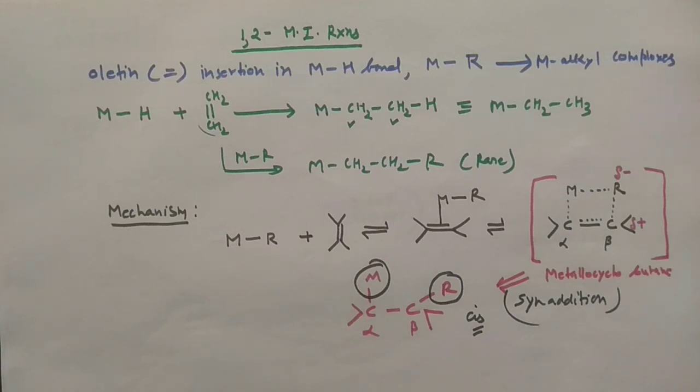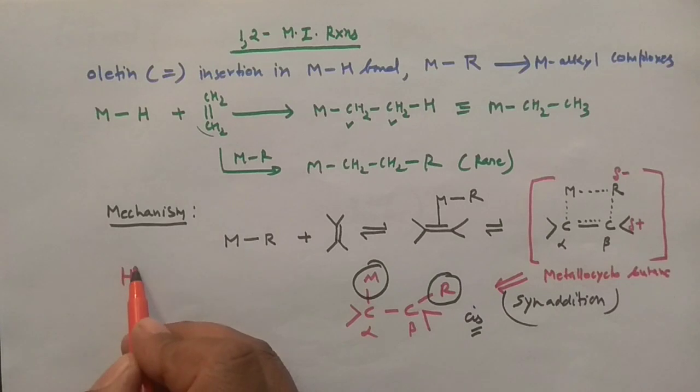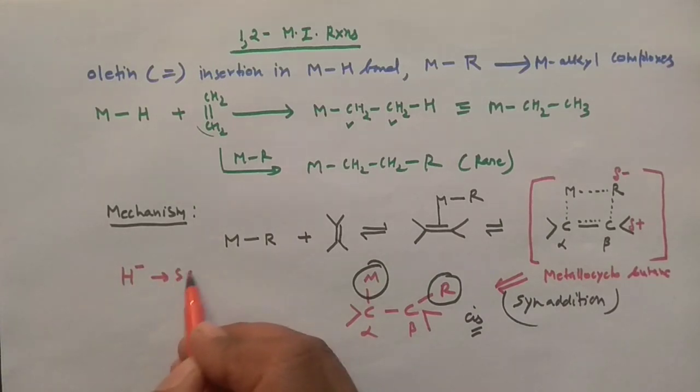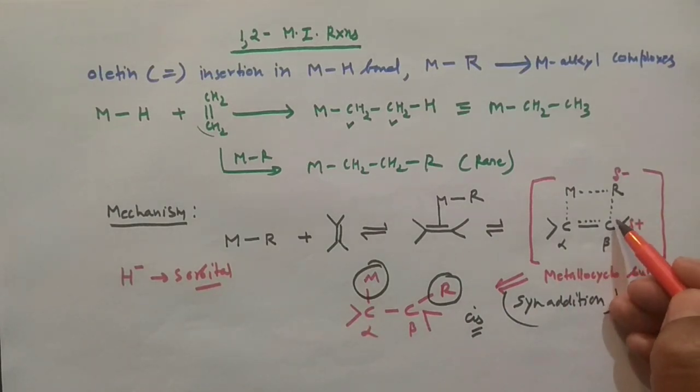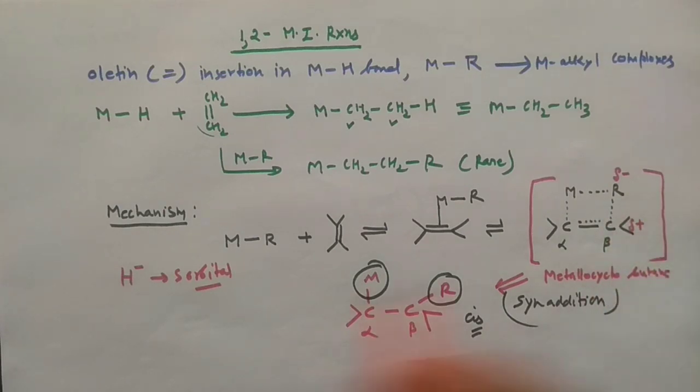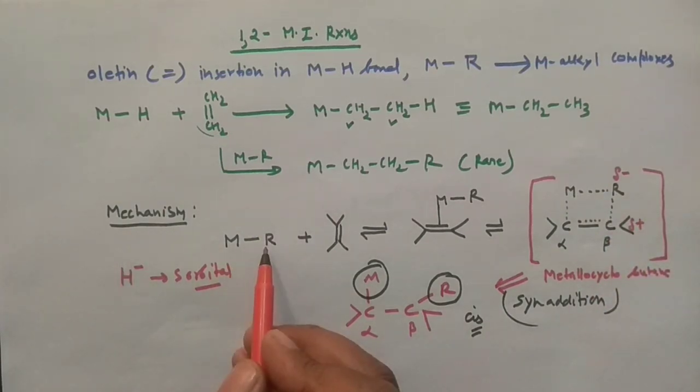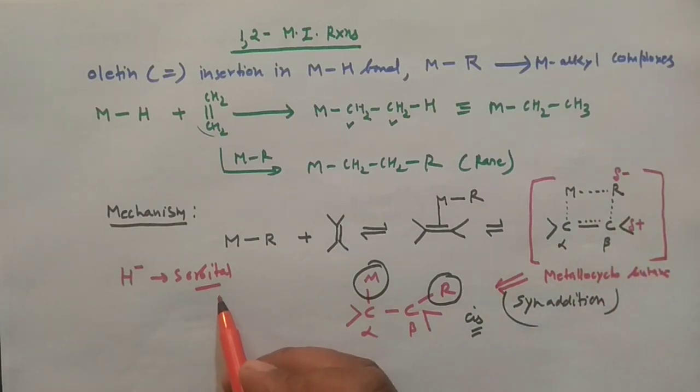One may ask why the hydrogen migrated very easily and why not the R. Why the difference in rate? The simplest answer is that the hydride ion has an s orbital, and this s orbital of hydrogen overlaps very effectively with the carbon's orbital. So when you take hydrogen instead of R, the overlap between the beta carbon orbital and the hydrogen is very strong, very good.